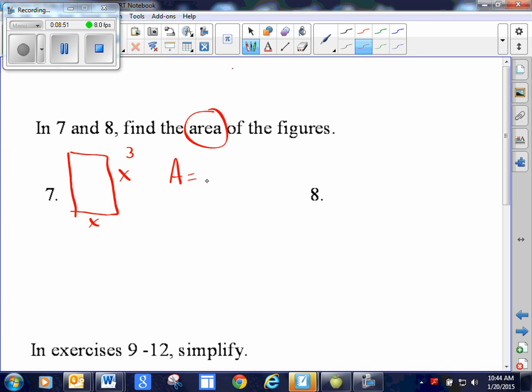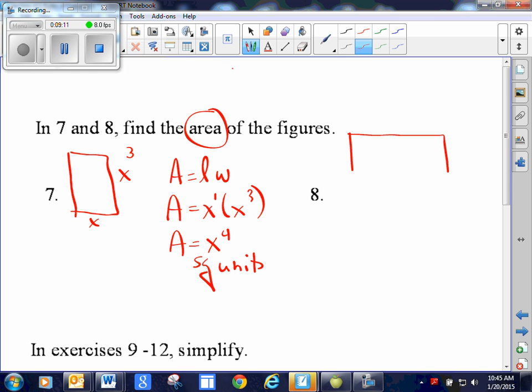Area of a rectangle is length times width. The length is x, the width is x cubed. I've got like bases, I'm multiplying, so I can just add the exponents, and x to the 4th square units is my area. Number 8 is sort of similar.